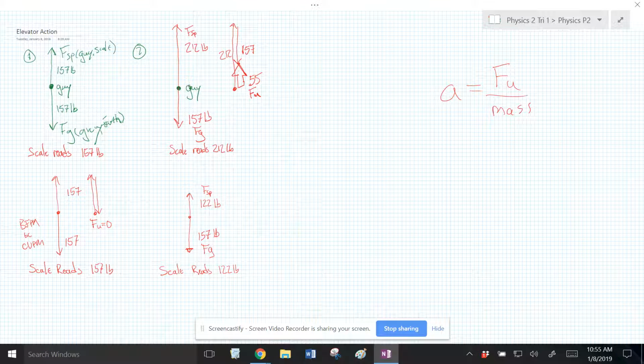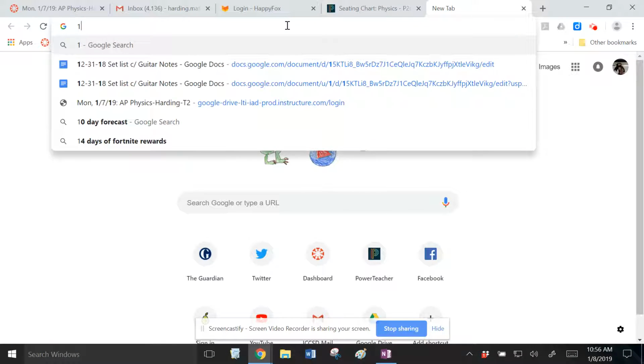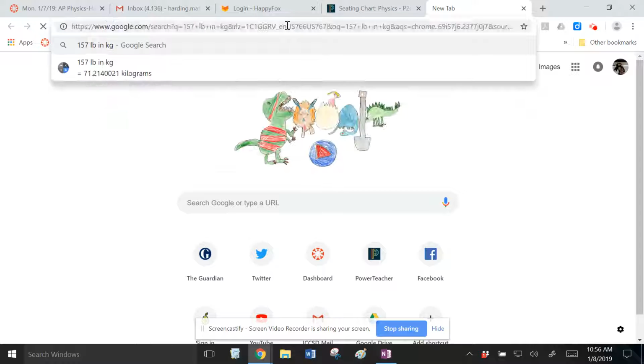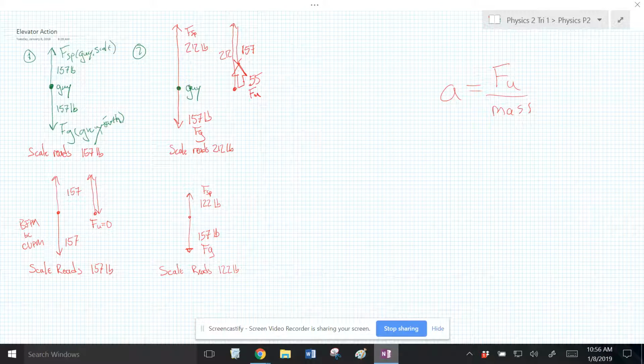So I need the mass of this guy in kilograms. Your chemistry teachers probably taught you how to do this. 157 pounds in kg is 71-ish kilograms. So the guy's mass is 71 kilograms.